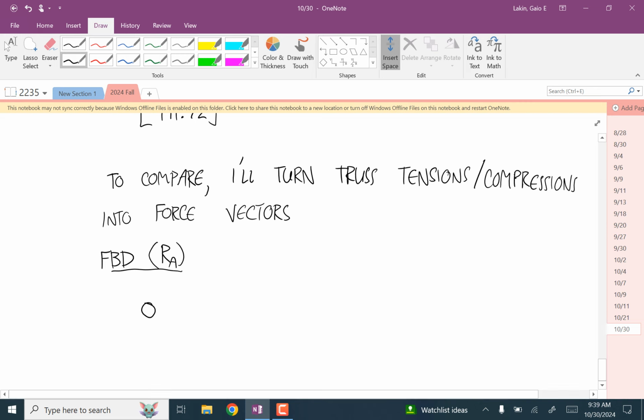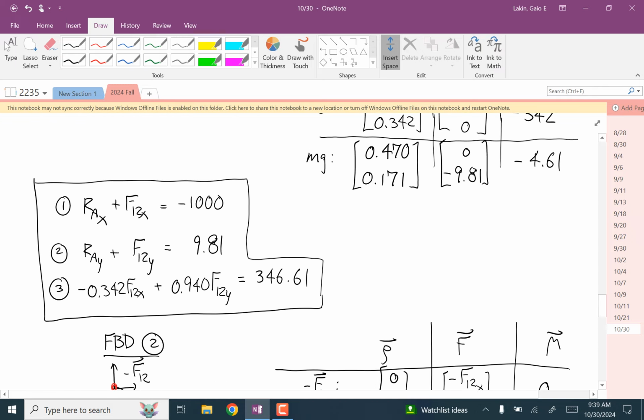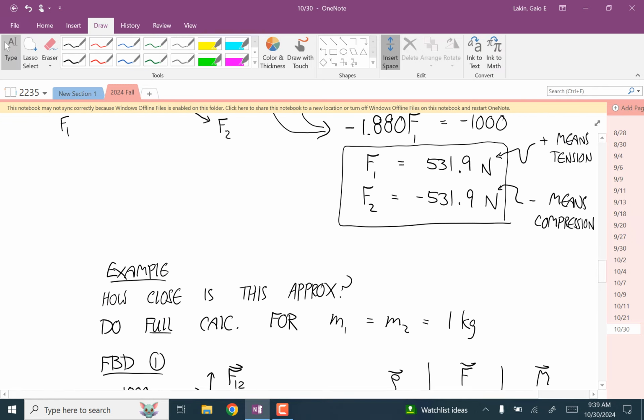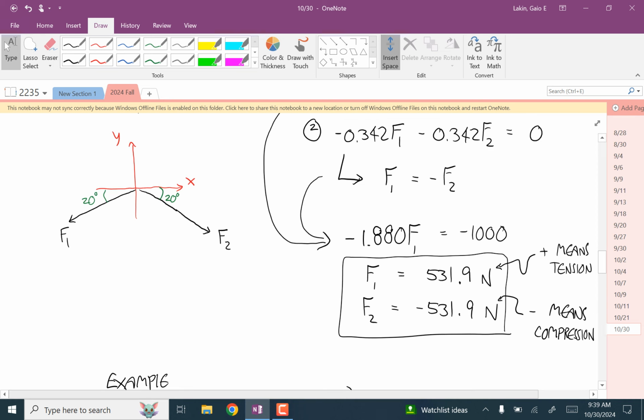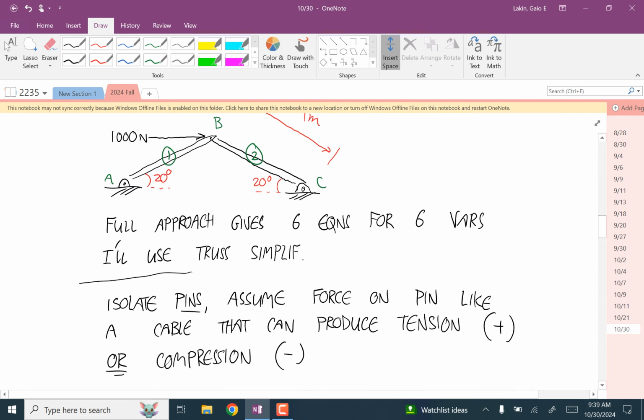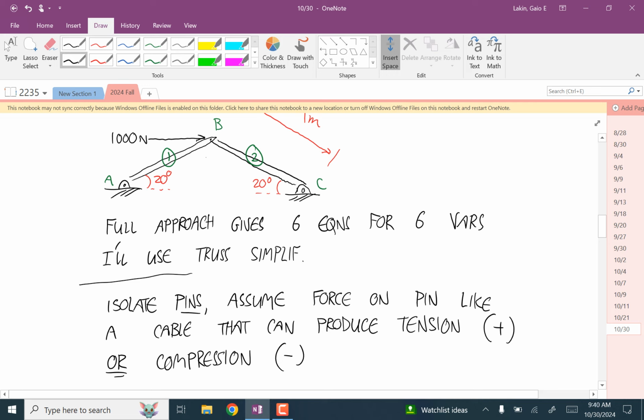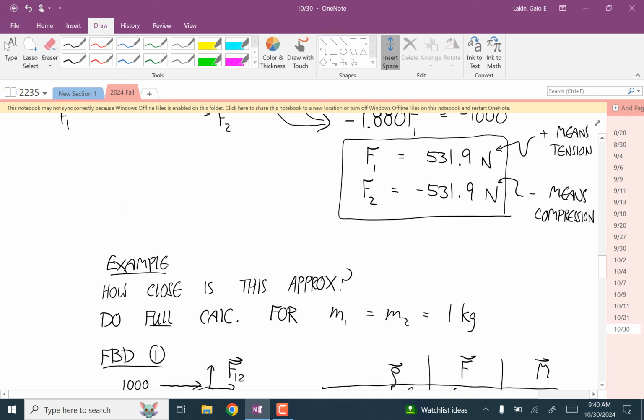So for that pin at A, we have two things going on. We have member 1 pulling on that pin, and then we have a force vector that's applied to that pin by the ground.